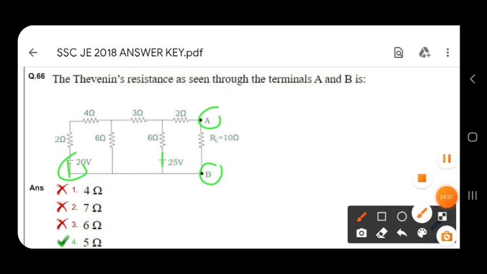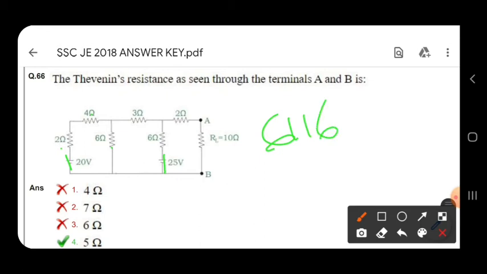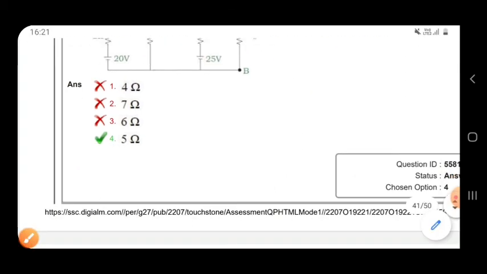Simply short it. So this is short and you will get 2 plus 4 is 6, and 6 parallel 6 is 3, and again 3 in series, 3 plus 3 is 6, and again with 6 parallel that is 3, plus 2, this is 5 ohm.